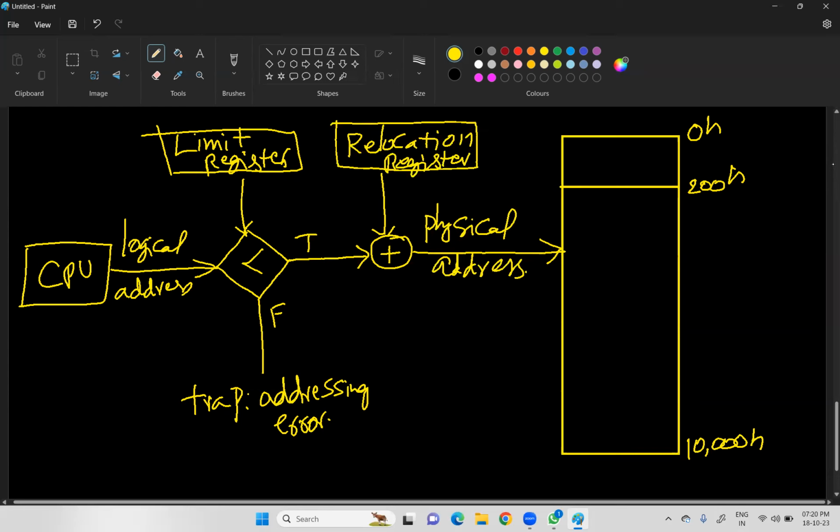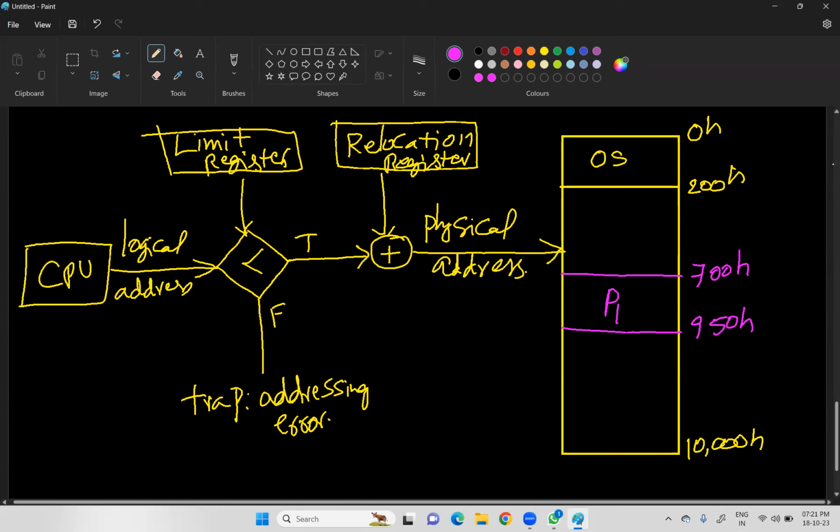Let me give you one quick example, then you can understand what I am saying. The operating system wants to allocate some space in memory for a particular process. Let me consider this is the area where the operating system has allocated one particular process into the memory. Let me say this is process P1, and at 700H it has started to store this process P1. It occupies approximately up to 950H.